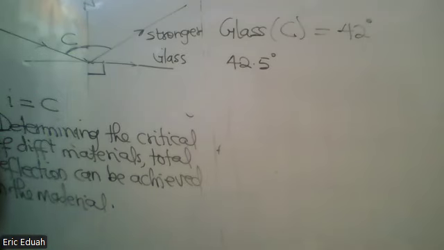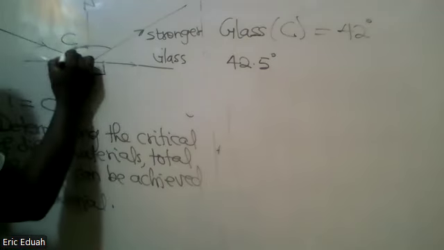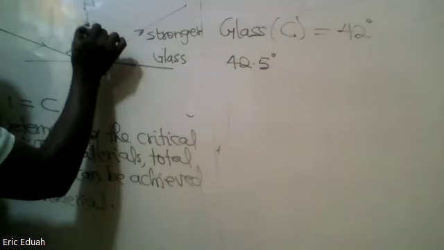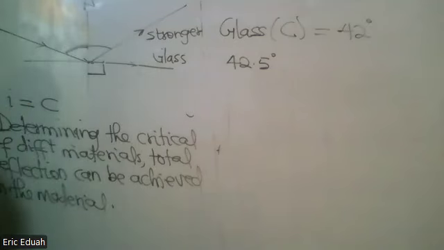This is what we call total internal reflection. And the angle of incidence here is now equal to the angle of reflection.